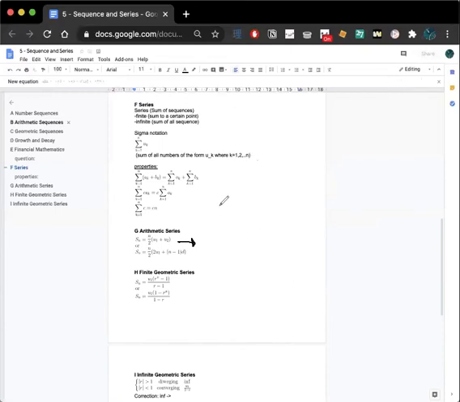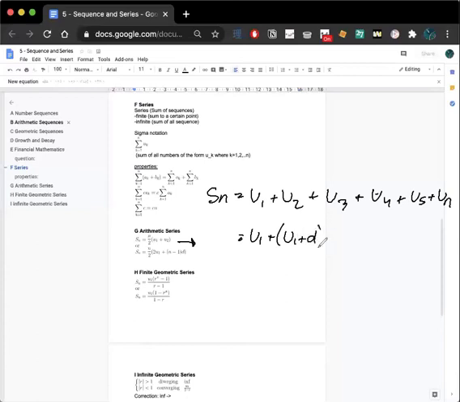Okay, so in arithmetic series, if you want to find the sum of a series, that's like saying u1 plus u2 plus u3 plus u4 plus u5 until un. That's also equivalent to u1 plus u1 plus d plus u1 plus 2d, etc., until un.